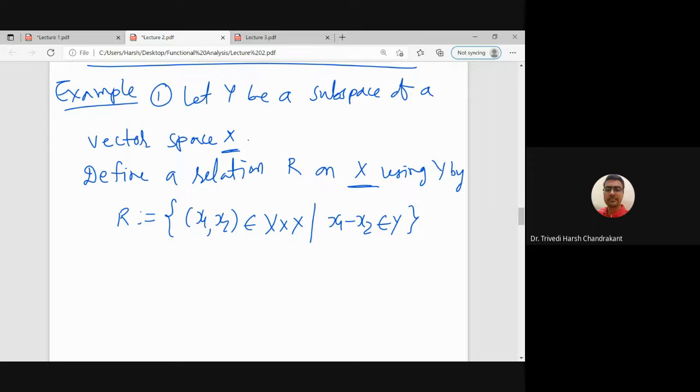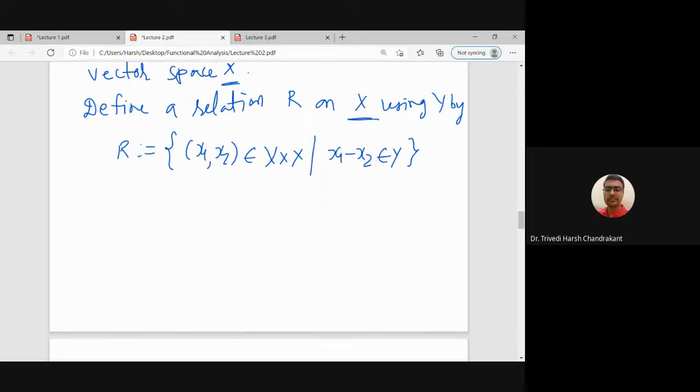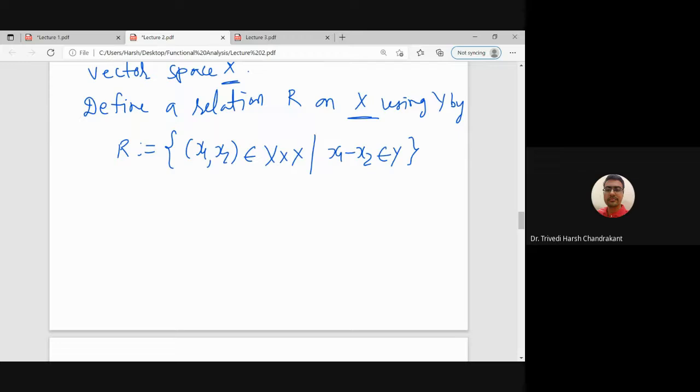Now we need to check whether it is reflexive, symmetric, and transitive. Right. So the first condition is reflexive. So is it reflexive?